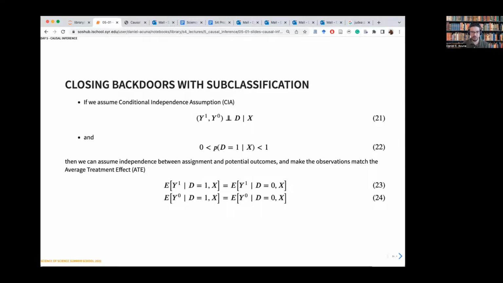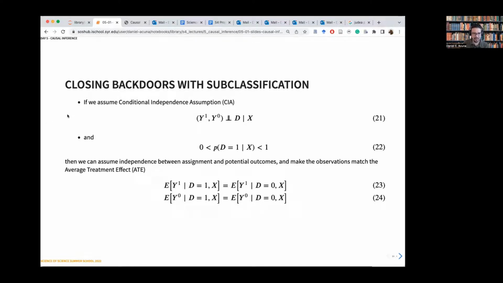Okay, so I'm going to show you a very simple way of doing causal inference with observational data. People have used this in science of science papers, I believe. Maybe I'm wrong. Aaron and Dan have used this. So every time you see something like matching or subclassification, matching is like a more sophisticated form of subclassification.